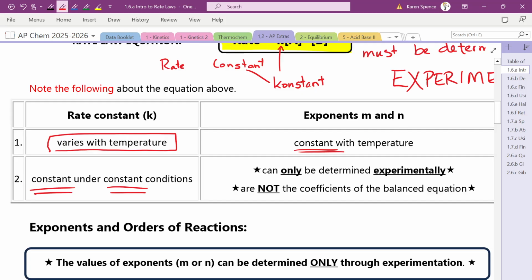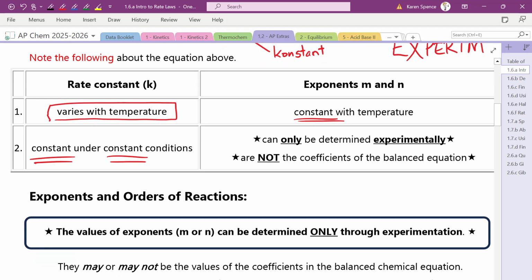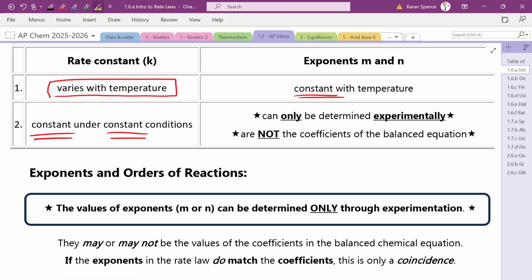Exponents m and n can only be determined experimentally. They are not the coefficients in the balanced equation. And how many times have I said this now? They are not the coefficients in the balanced equation. The values of m and n can be determined only through experimentation.